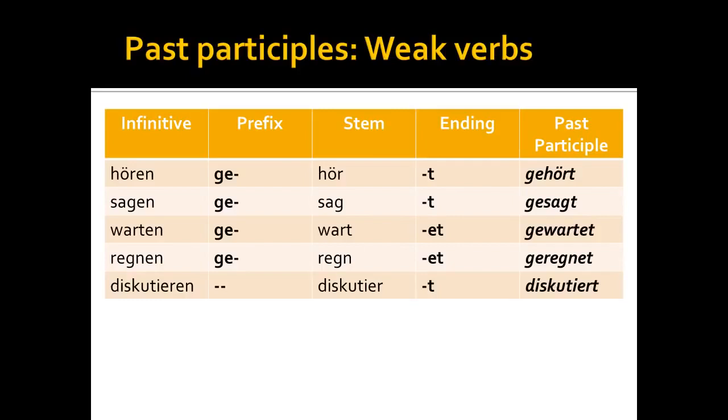So you get a construction like gehört or gesagt or gewartet. The main thing to note is that there's a ge prefix and a t or et suffix, and that the vowel in the stem does not change.